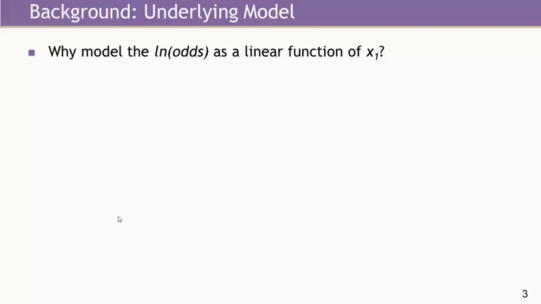So let's take a deeper look at the background of the underlying model. Why do we have to model the log odds as a linear function of x1? Well, this becomes an issue when our predictor can be continuous. So let's think about this for a minute. You might say, well, John, the initial summary statistic we had for binary data was a proportion.